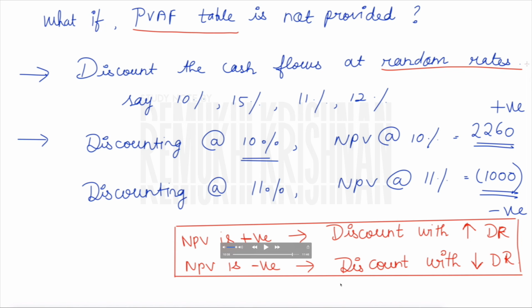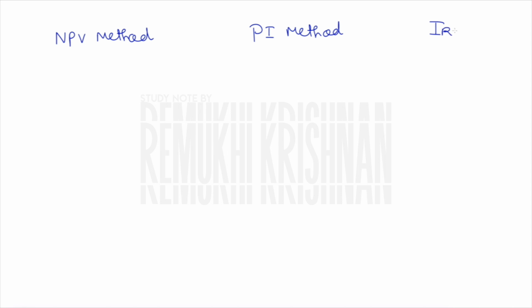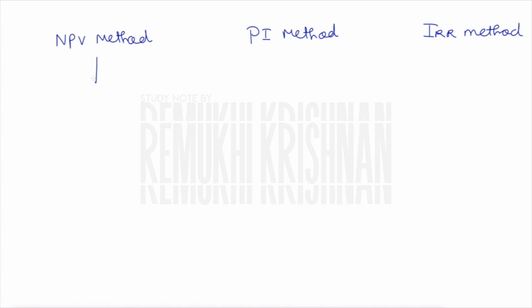Let me conclude this. It is very simple, because when you study with the help of a comparison, it is easier. Under net present value, the assumption is that the cash inflows are reinvested immediately at the rate of cost of capital.